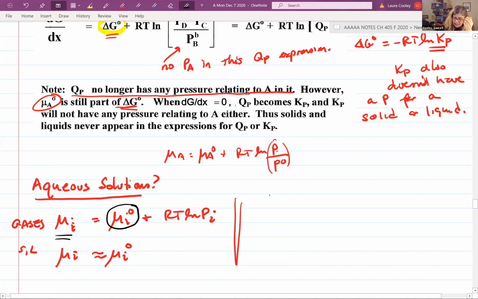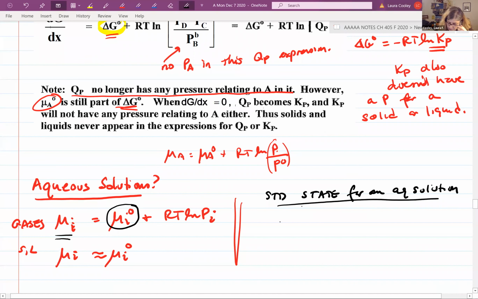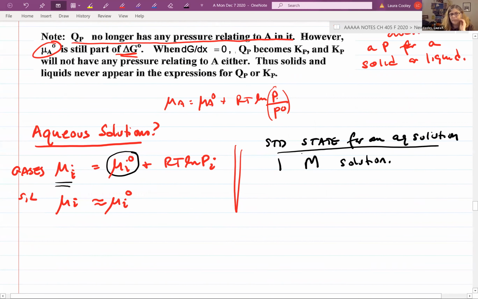The standard state for an aqueous solution is a 1 molar solution. So we're always comparing to the situation for a 1 molar solution.